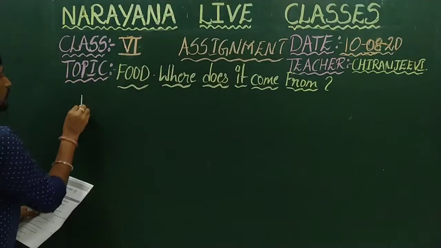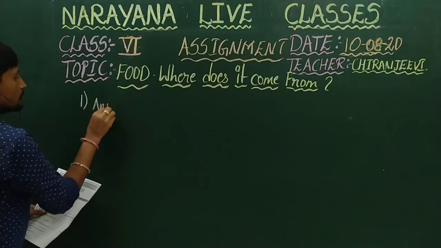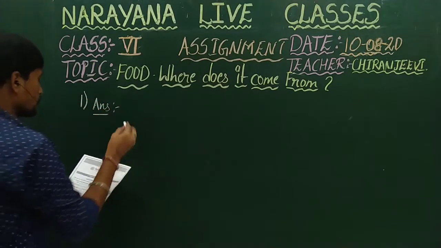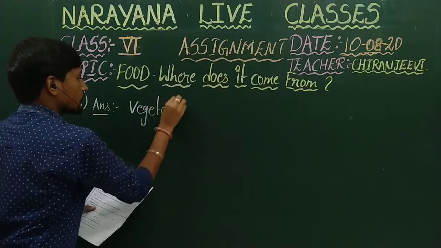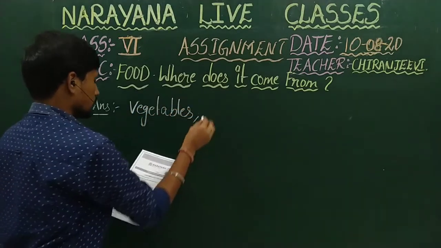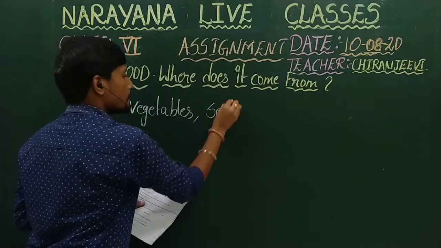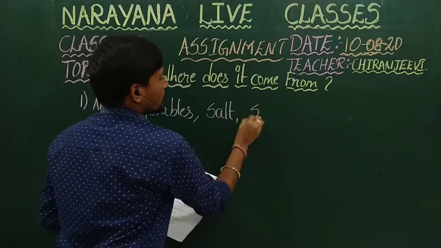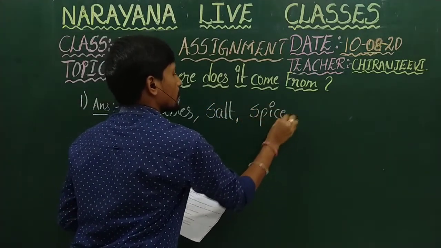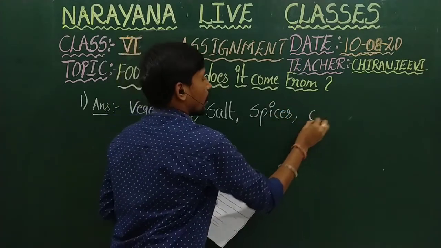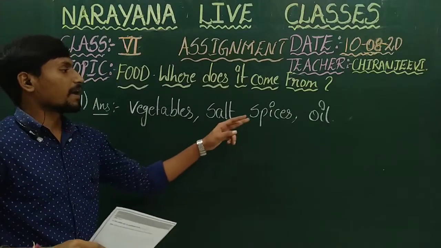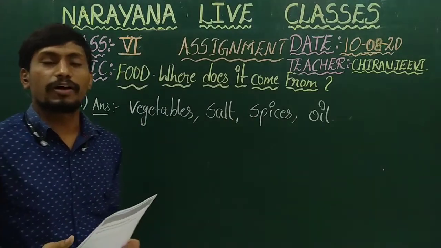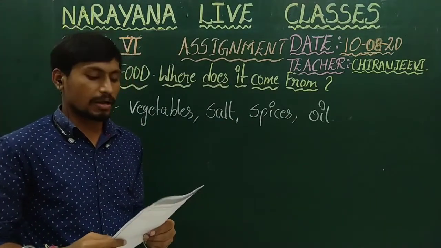So the answer is, we require vegetables, salt, spices and oil. Vegetables, salt, spices and oil are required for the preparation of vegetable curry.